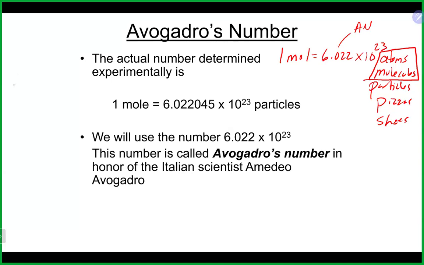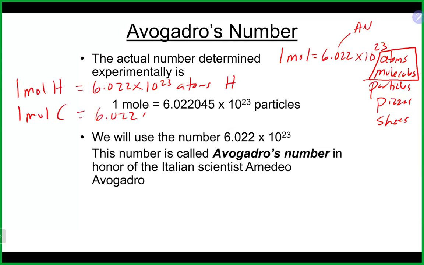What that means is if I had 1 mole of hydrogen, I would have 6.022 times 10 to the 23 atoms of hydrogen. If I had 1 mole of carbon, I would have 6.022 times 10 to the 23 atoms of carbon. You could also use it for compounds.